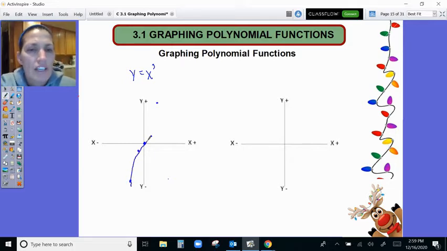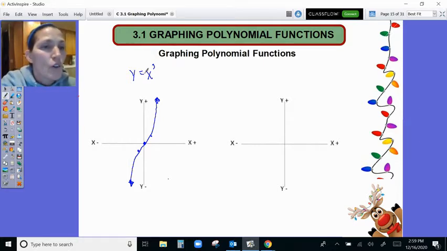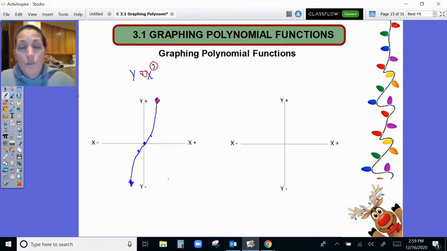So this is my basic cubic function. It does a little swerve through the origin, or we call it a wiggle. Notice that we have a positive leading coefficient, so my right end is going up. We have an odd function, so my other end is going to do the opposite thing. That's what the basic cubic function looks like.